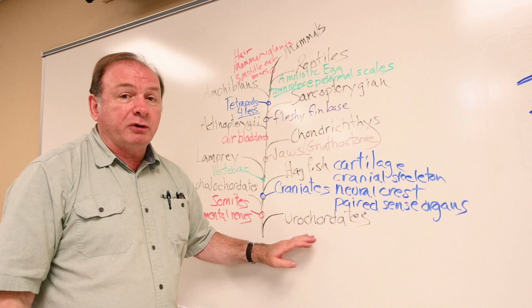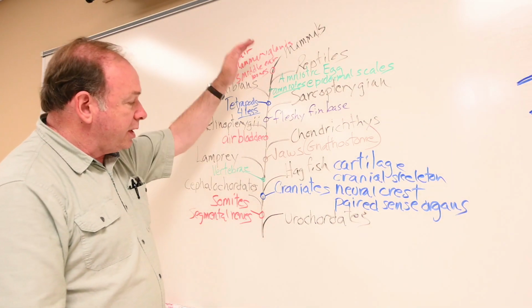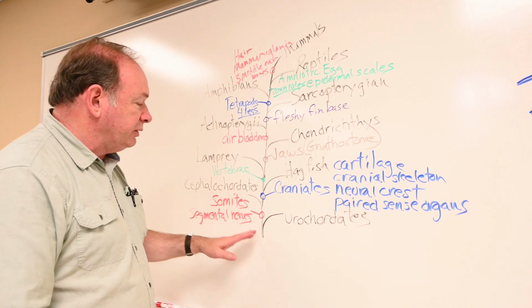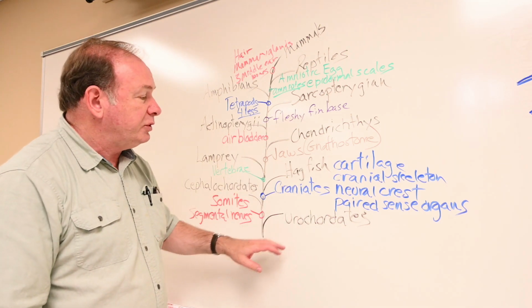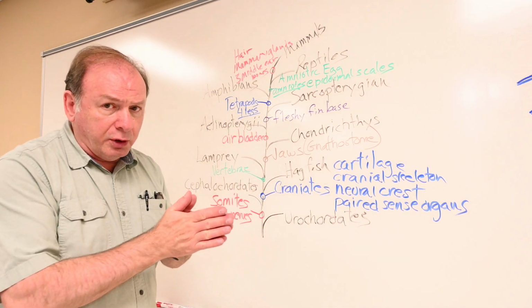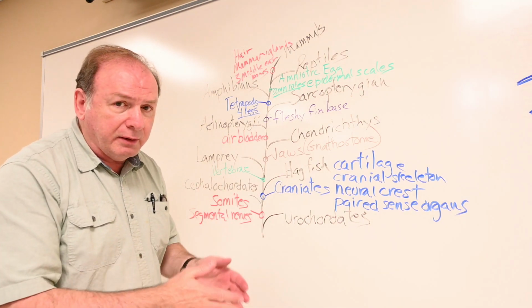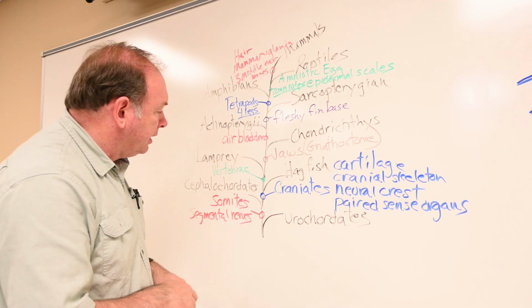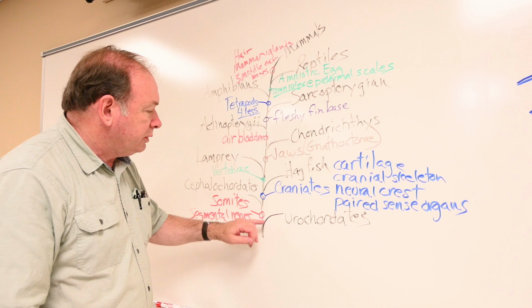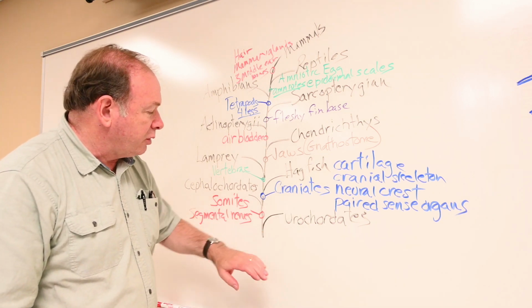Our most primitive chordate form, so this is all chordata here, all of the chordata. Urochordates don't have somites or segmental nerves in their structure. We know that all the chordates have a dorsal hollow nerve tube, they have a notochord, they have pharyngeal gill arrangement structure for pharyngeal supports there. So anyway, all of these have that, the urochordates included.